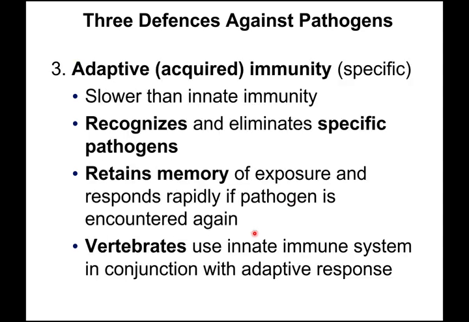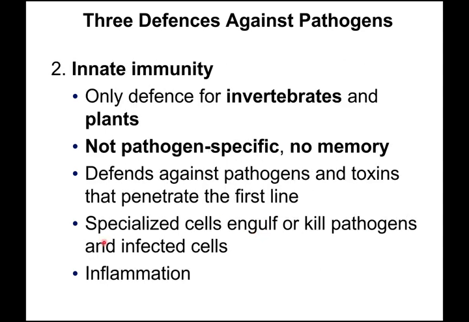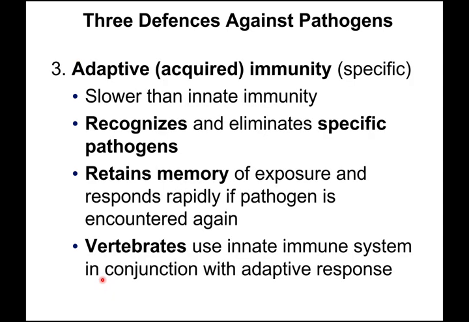Now, inflammation, we'll talk particularly about inflammation, is one of the innate immunity mechanisms that is very commonly used both by invertebrates and vertebrates. The third type is what we refer to as adaptive or acquired immunity, which can be both cell-mediated or antibody-mediated. Differently from the innate immunity, in this case, this level of defense is triggered by a specific microorganism, and it leads to memory.